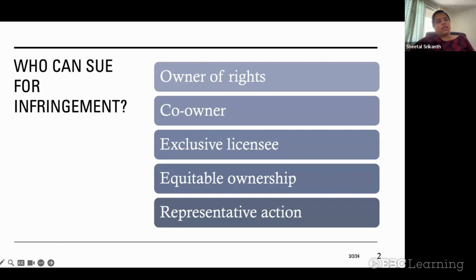So we will be discussing locus standi in relation to intellectual property. The most obvious thing in relation to intellectual property is that a person who is the owner of the actual intellectual property has the ability to sue.